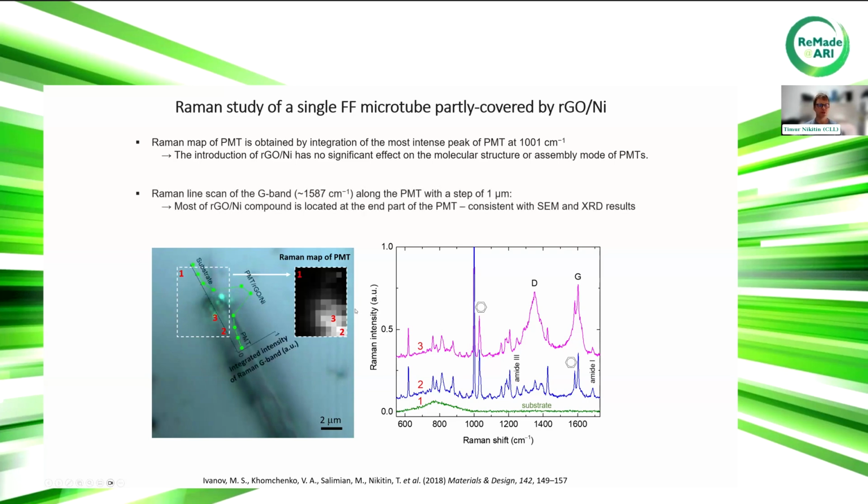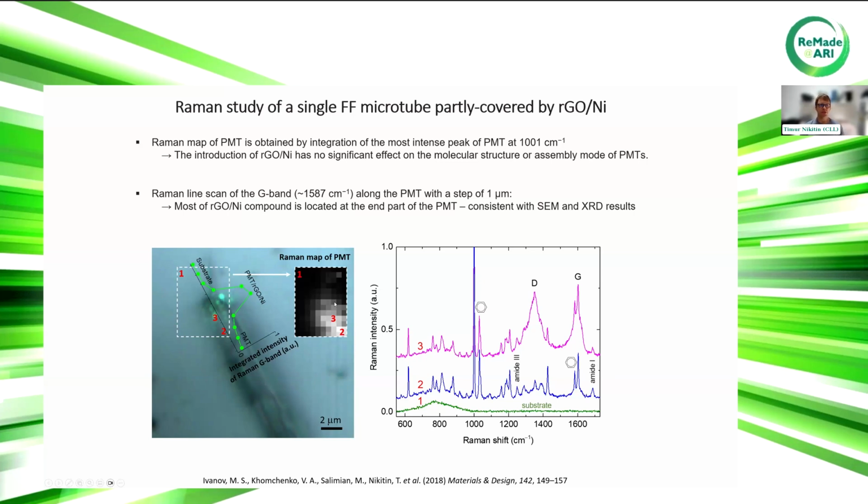And then we also made a Raman line scan along this line. The Raman map of peptide microtubes was obtained by integrating just the most intense peak, at 1,000 centimeters, and where this band is the highest, we can see these areas with the white color.